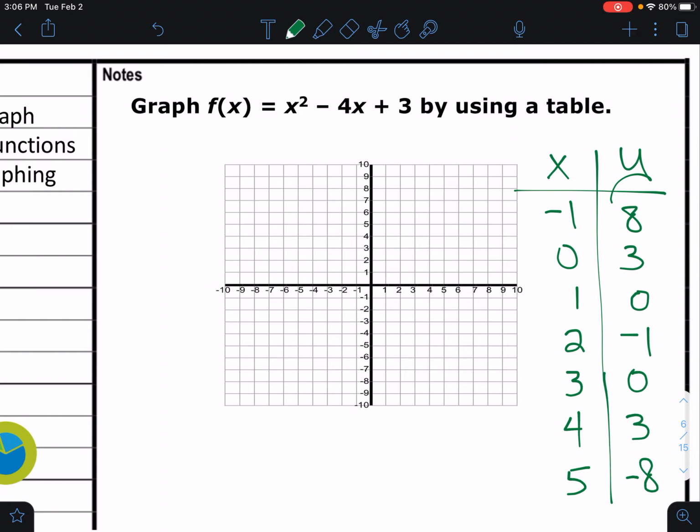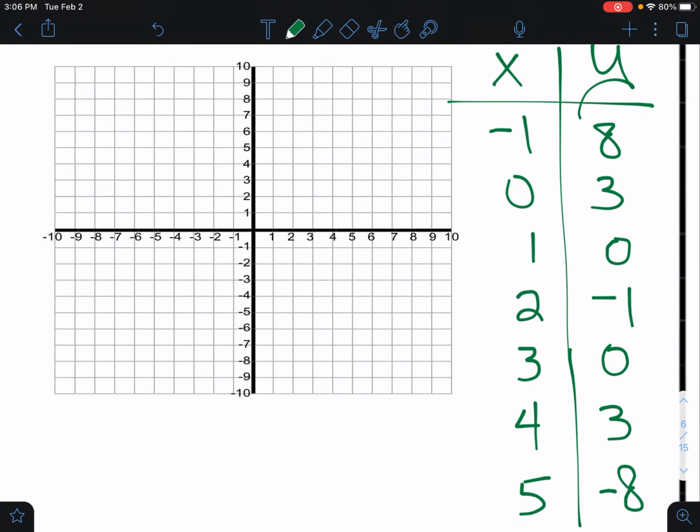Now, sometimes you'll only have a few points that will fit. This time I have a number of them that fit, so I'm going to plot all these points. So I have negative 1, 8, 0, 3, 1, 0, 2, negative 1, 3, 0, 4, 3, and 5.